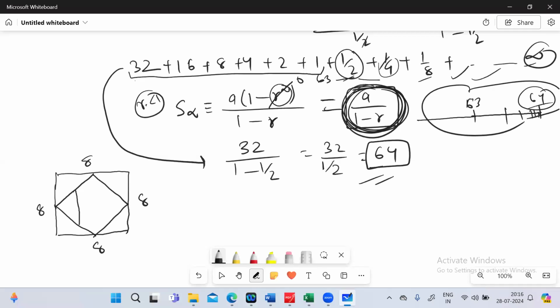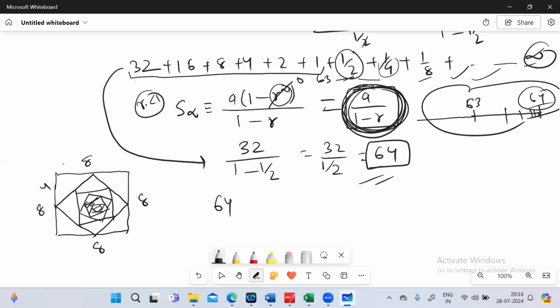And then you kept on doing it till infinite times, like this. And the question is, find the area of all such squares that you have got till infinity. You'll keep on going inside and you'll keep on getting squares, like this. So the first square will have an area of 64.